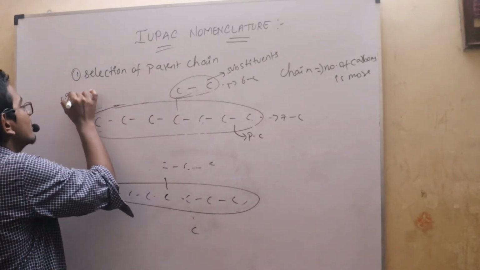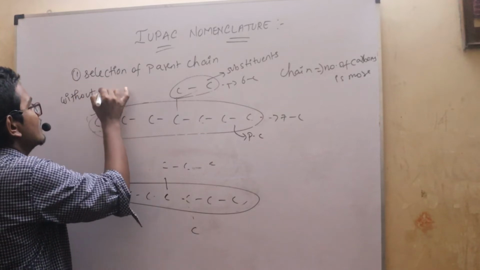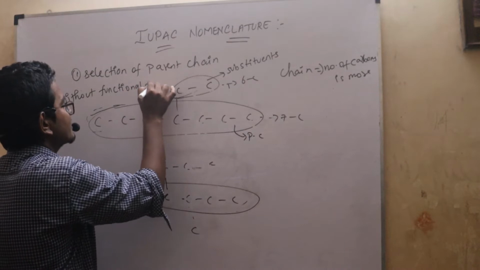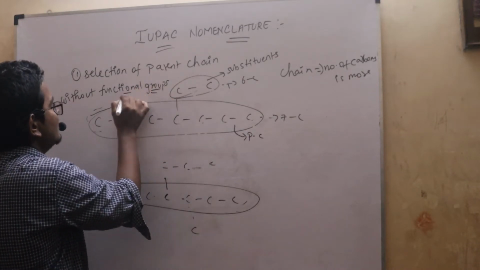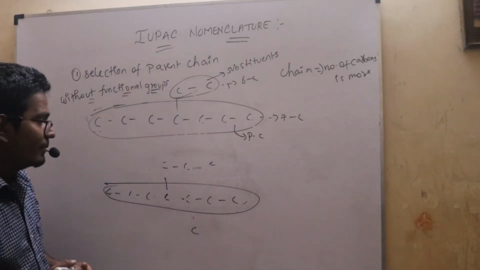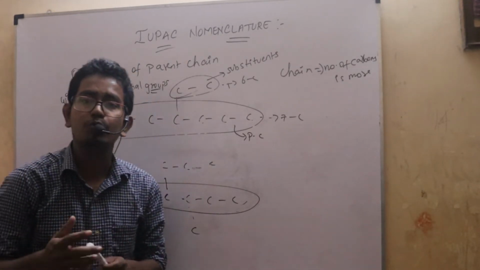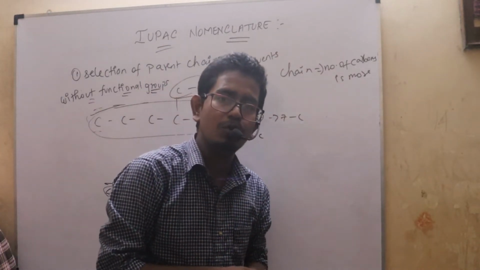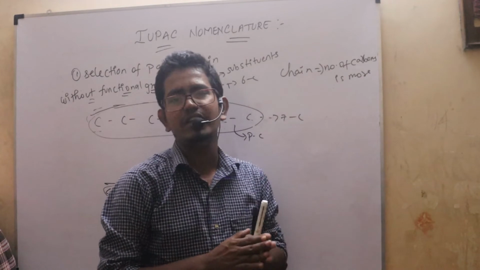Here there is no functional group, you should understand. When no functional groups are present, we give the preference like this. Now you may have understood how to select the parent chain. If the number of carbon atoms in the chain is more, then that will be considered as the parent chain.